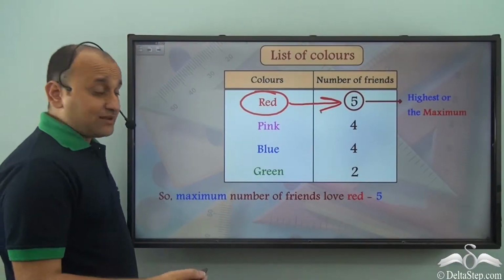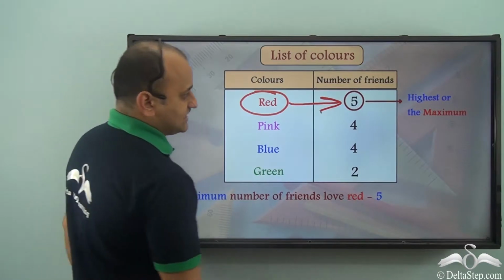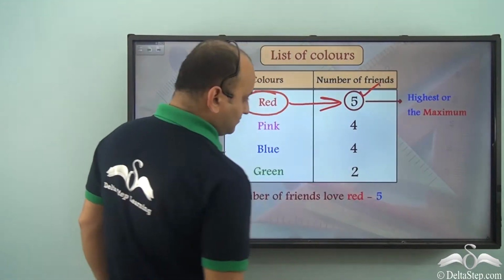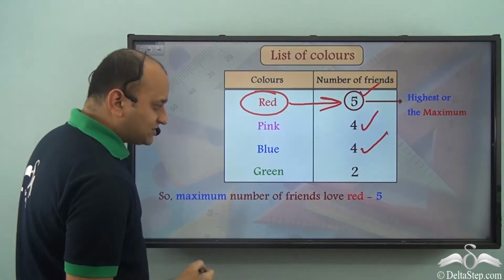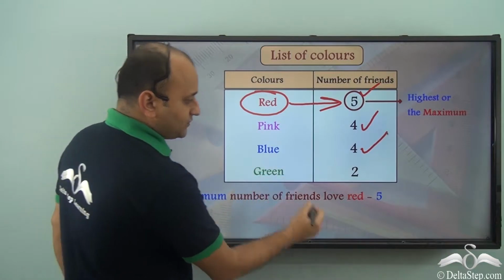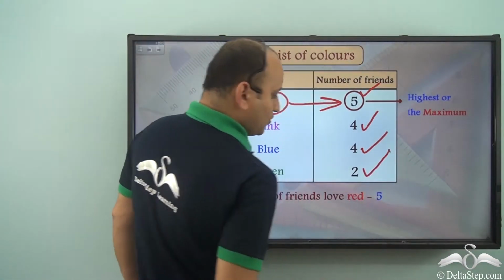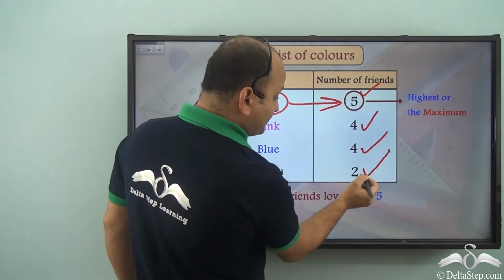Now can you tell me which is the least liked color? Well, let's see. 5 is the maximum, then pink and blue are liked by 4 each. So what is left? It's green. Green is liked by only 2 people. So you have 5, you have 4, and you have 2.